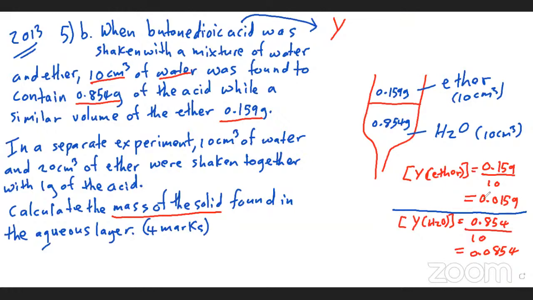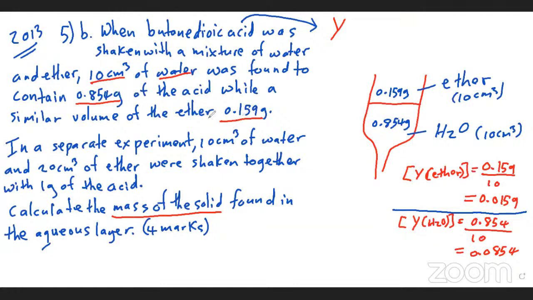So now that we have the concentration of ether and water, let us see which one should go on top. So butane dioic acid, when this was shaken with a mixture of water and ether, 10 cm cube of the water contained 0.854, and the acid in the ether contained 0.159.